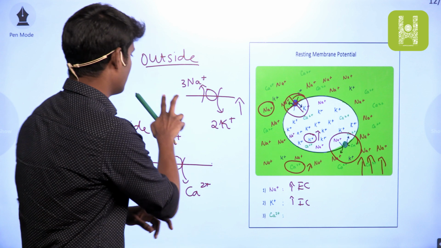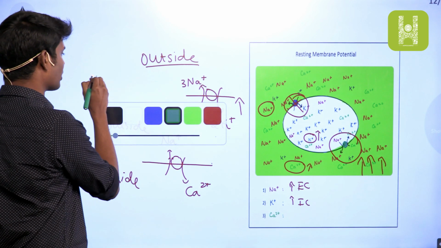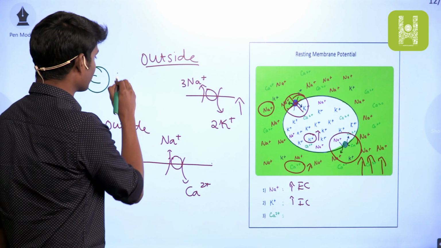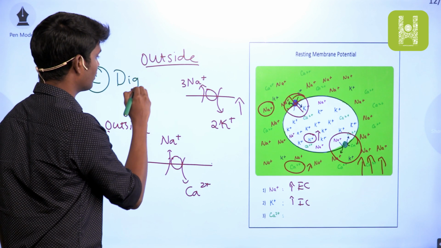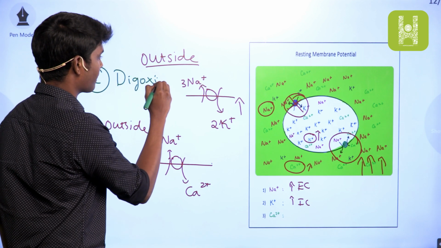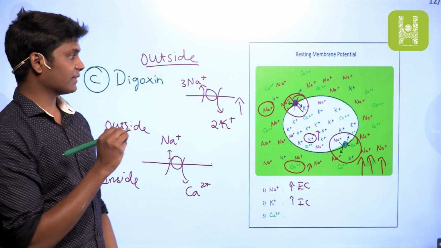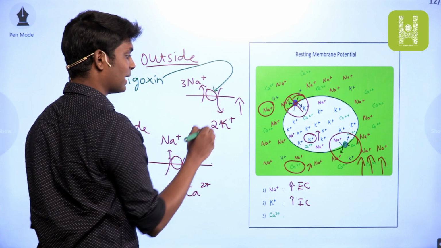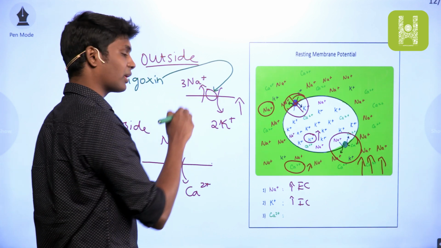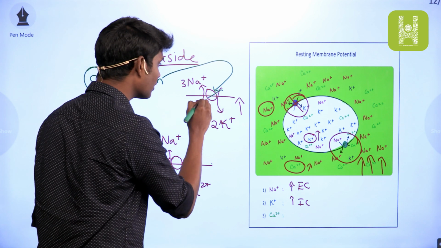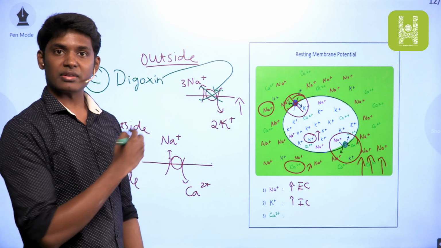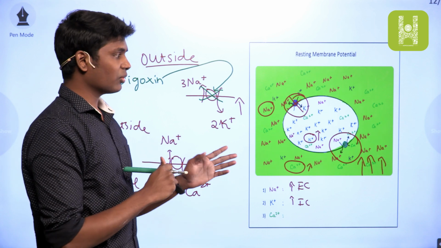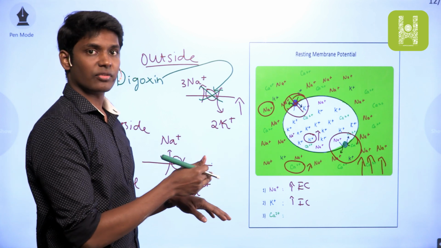So when is this particular thing important? We all know a very common drug, digoxin. What digoxin does is that it sits in the place of potassium in the sodium potassium ATPase pump and blocks the pump. During this period, there should be some other mechanism which pushes the sodium outside.